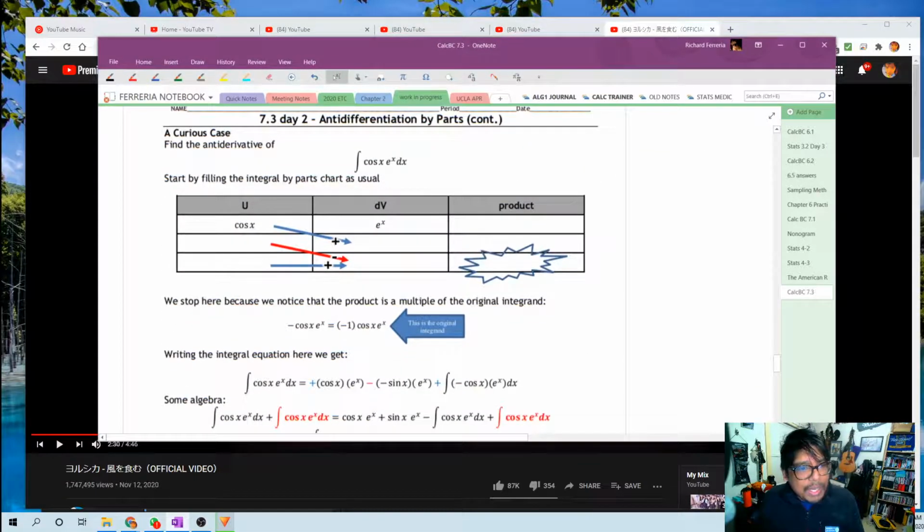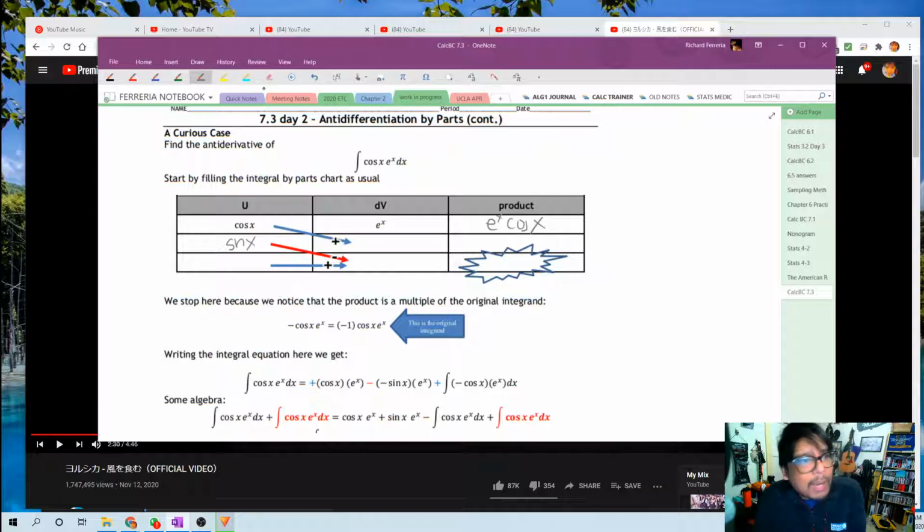Here's another example, and it says a curious case. So let's see, how curious is this case? Let's take the derivative of cosine, and we get sine x. Oh, I'm sorry, we should have found the product. That's e to the x cosine x, okay?